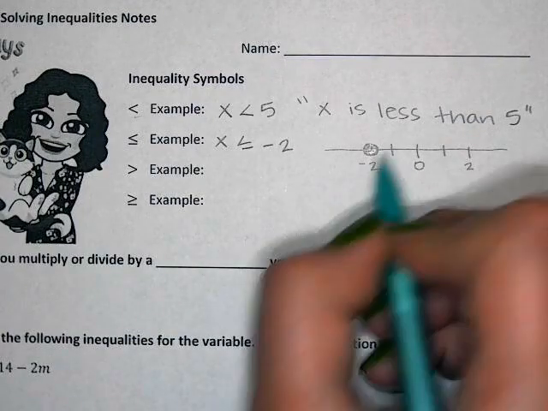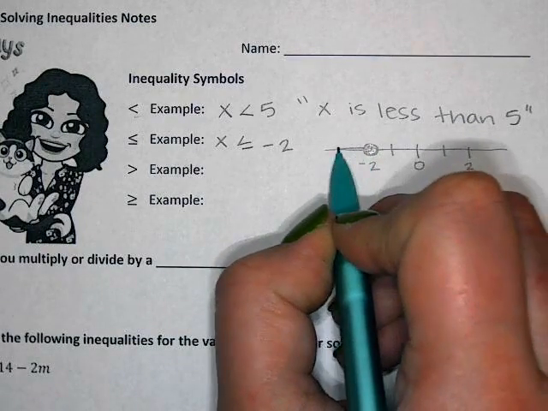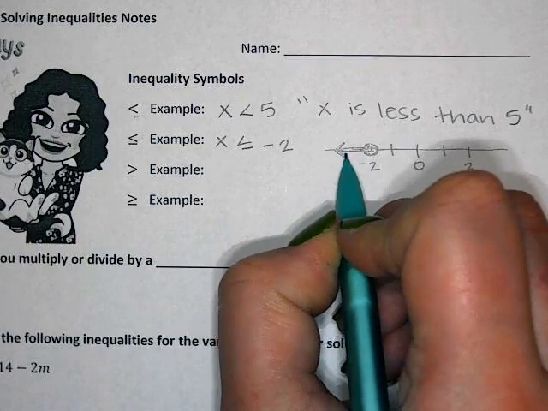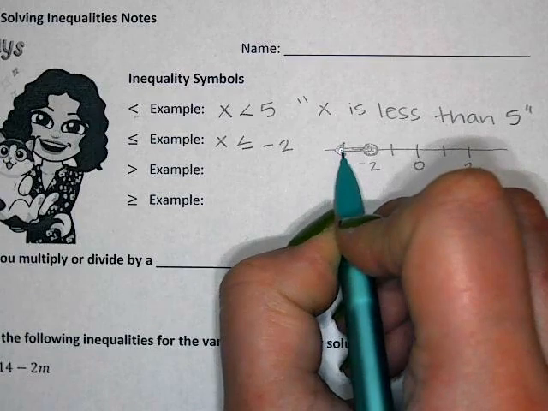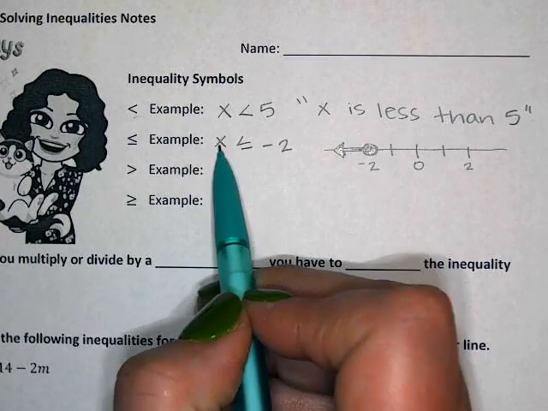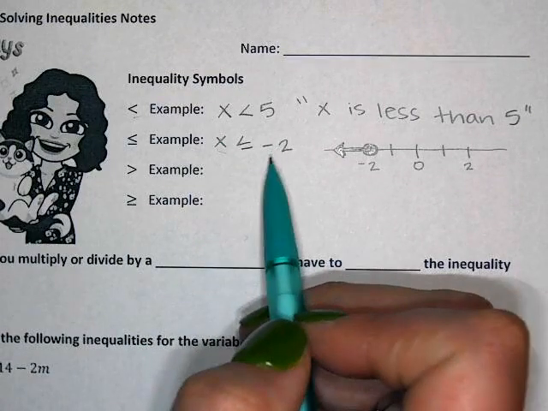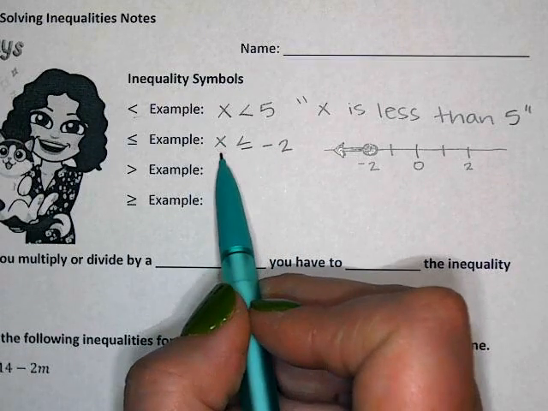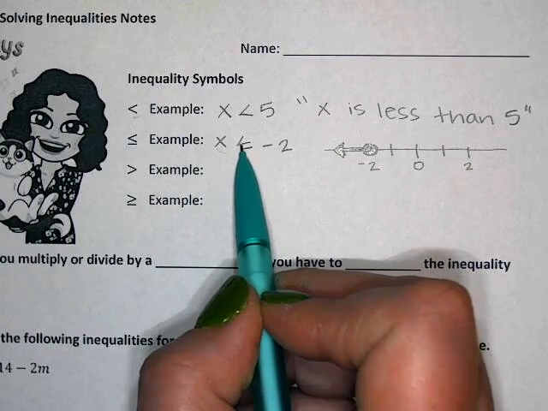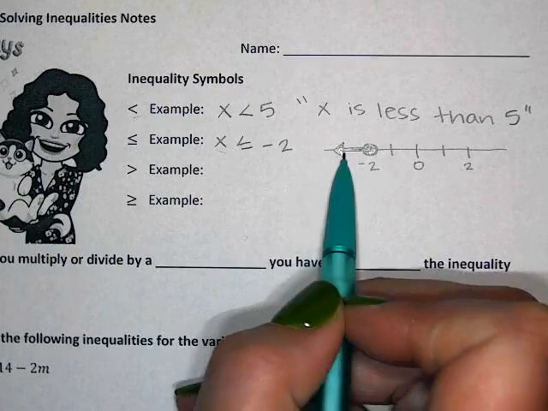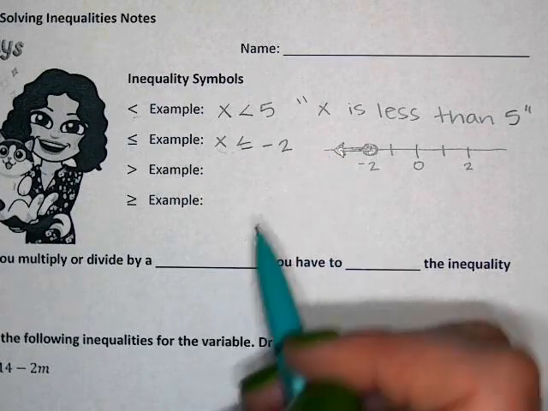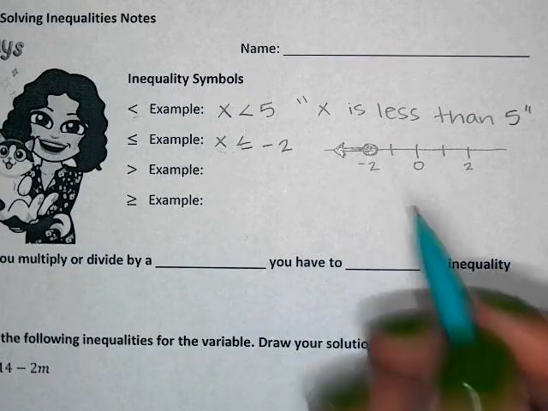And then to be less than or equal to -2, you make sure that the arrow goes to the left. If the number sentence is written so that the variable is on the left side, then the symbol and the arrow match. So less than is a left arrow.